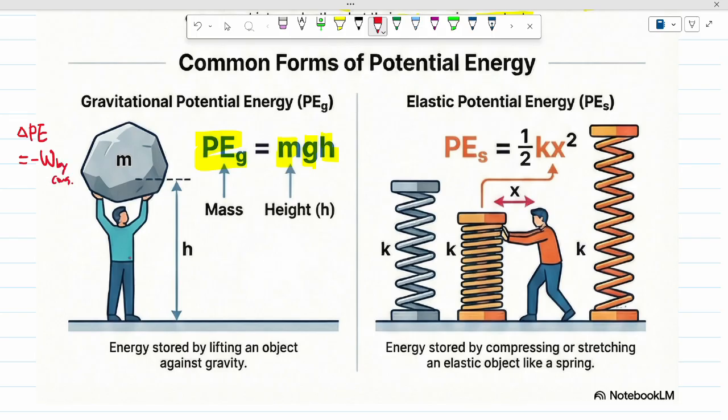So as you imagine this guy lifting this boulder up, I'm just going to draw the gravitational force, not the applied force. The gravitational force is acting downward with the magnitude mg.